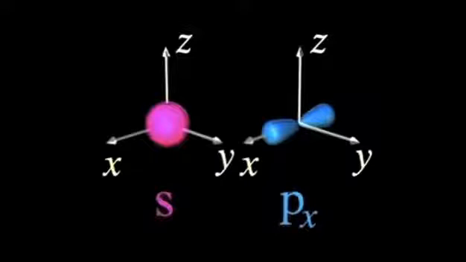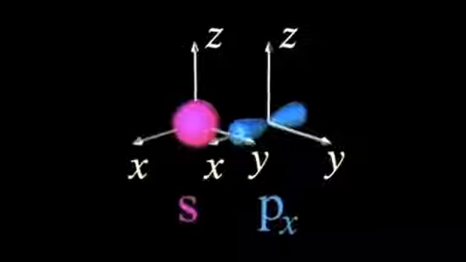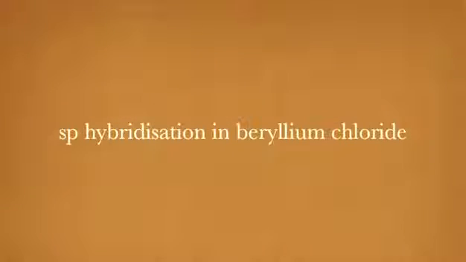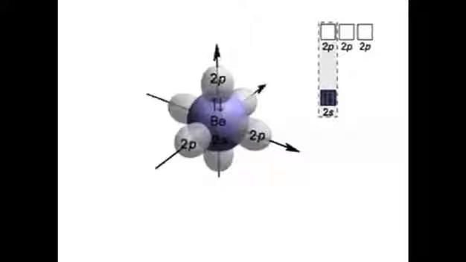When we mix an s and a px orbital, we produce two hybrid orbitals called sp, pointed in opposite directions along the x-axis. Putting these ideas together, we can imagine the hybridization process for BeCl2 is something like this. The isolated beryllium atom, with its filled 2s and empty 2p's, is shown with the small box diagram above.